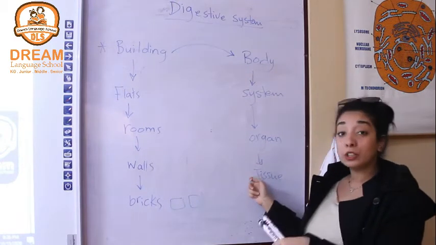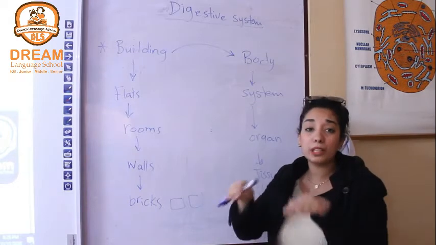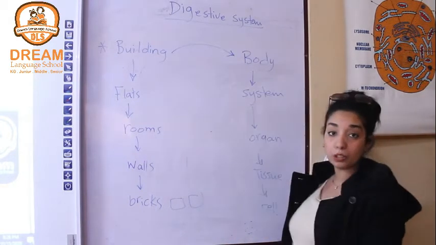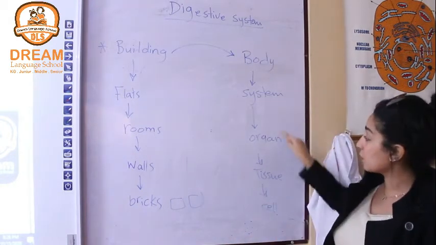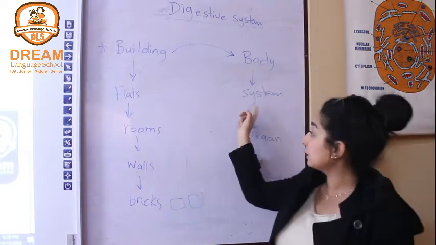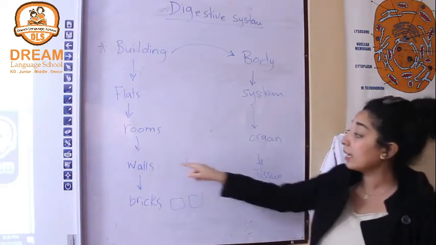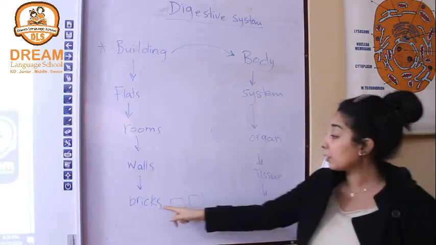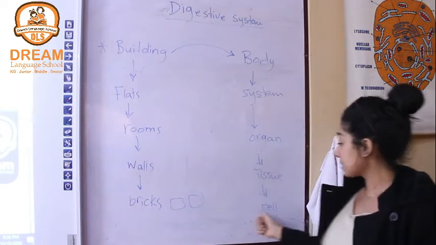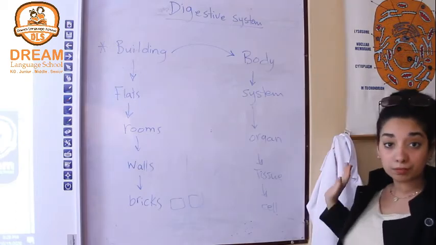Tissue consists of cells. The cell is the smallest building unit that builds up the whole body. So body, system, organ, tissue, cell. The body is like the building, the system is like the flat, inside the flat there are rooms like the organs, the wall is like the tissue, and the bricks, which are the smallest, are the cells.